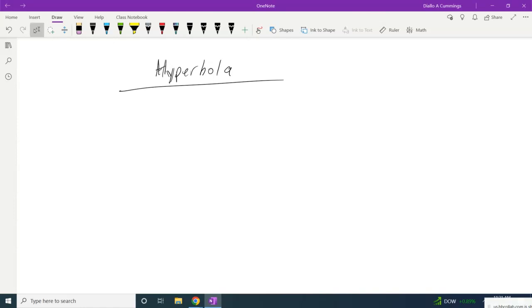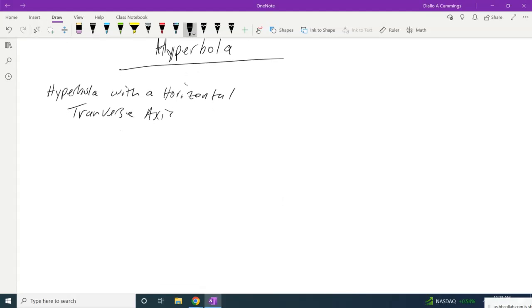So the first model form we're going to take a look at is a hyperbola with a horizontal transverse axis. All right, so here's the x and y axis.